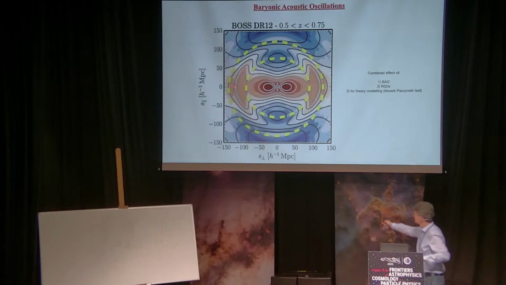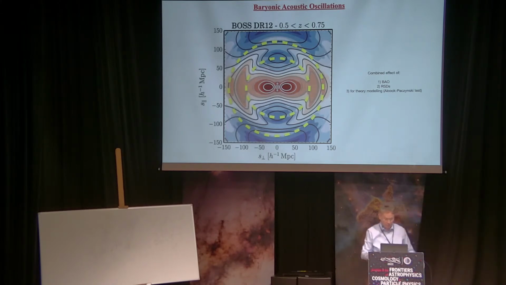What do we have? We have an enhancement in this ring, which is the so-called baryonic acoustic oscillation, which of course depends on the S parallel and S perpendicular. Here you see somewhat more galaxies compared to here. You have the fingers of God effects down here, very small scales, but important maybe for several reasons. And then here you have also a squashing, which is again an effect predicted by the theoretical model.